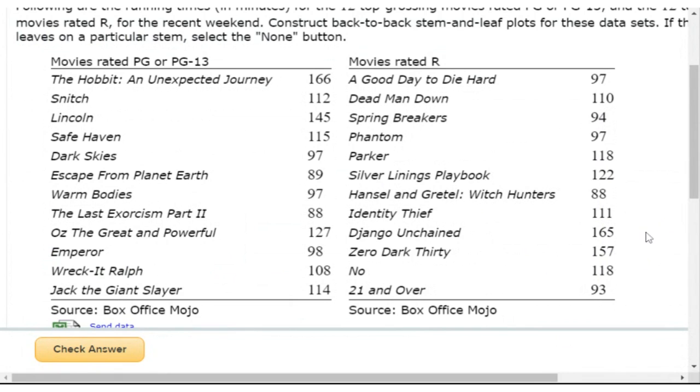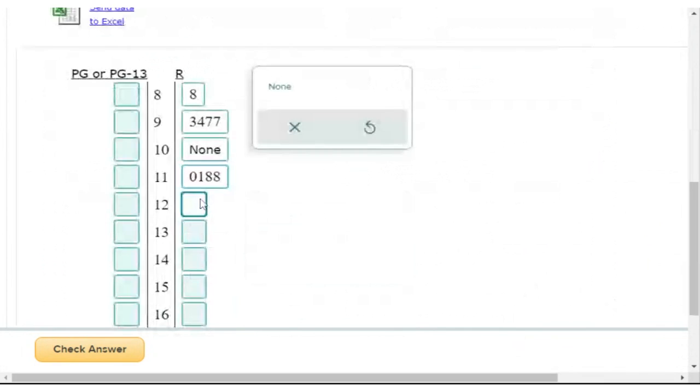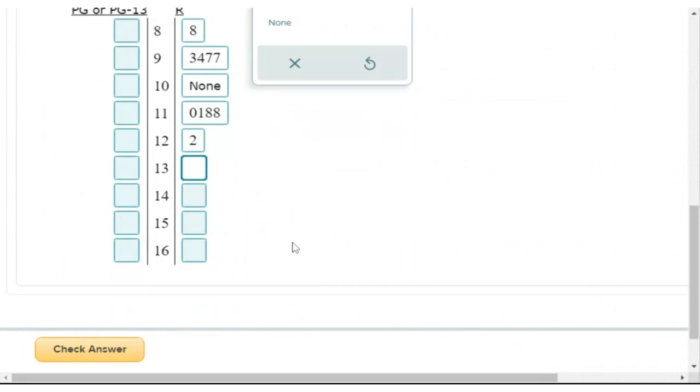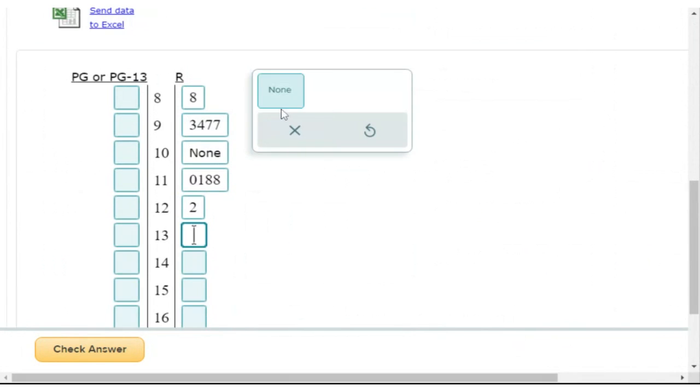All right. So the next one is 12, and there's only one of those. And it was 122. There is nothing that begins with 13.